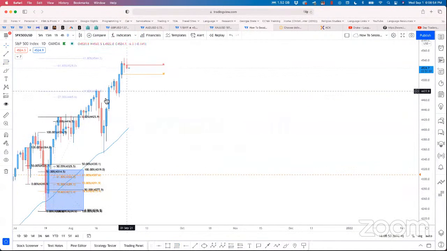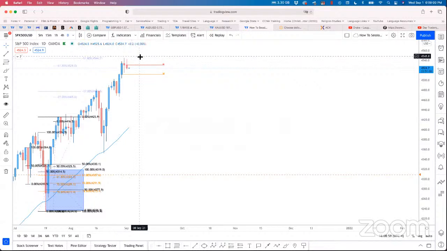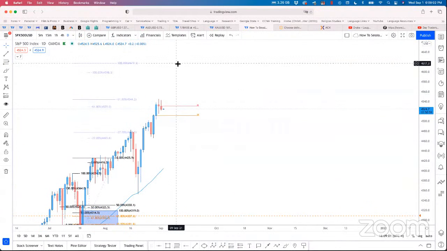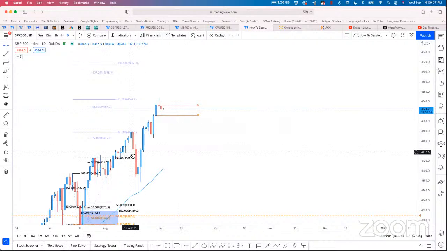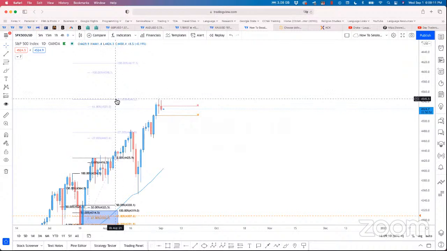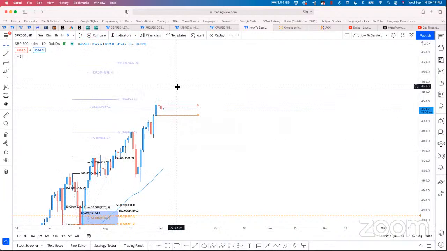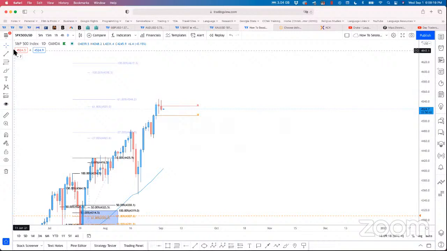We just got the -2.7. We just got 618. 100% will be 46. So we might get somewhere in between the 100 and the 618 before we get a pullback of that caliber.